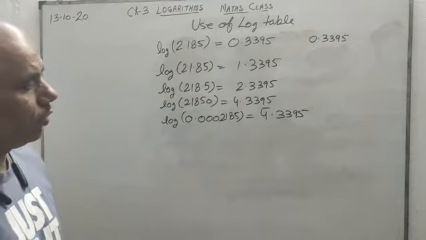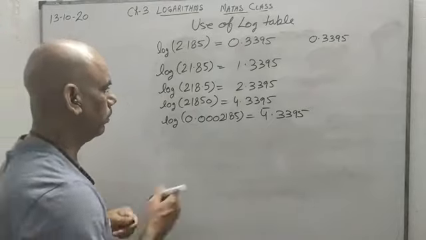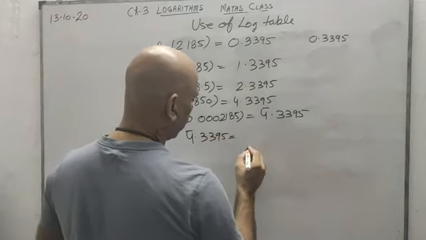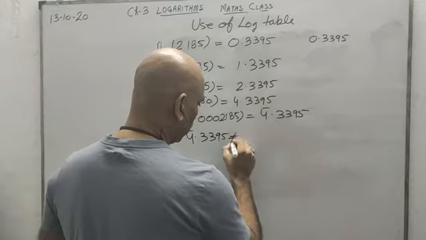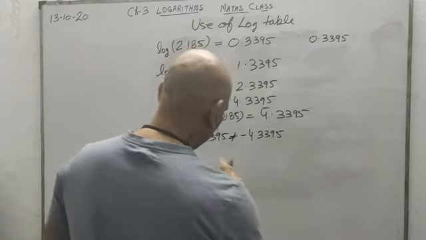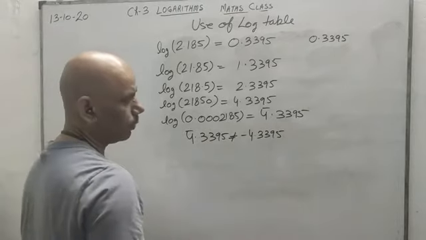Now here 4 bar .3395 means what? It doesn't mean negative 4.3395.